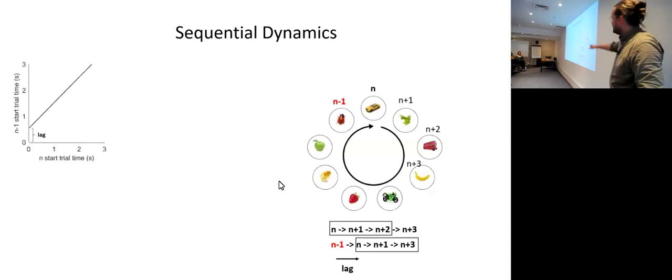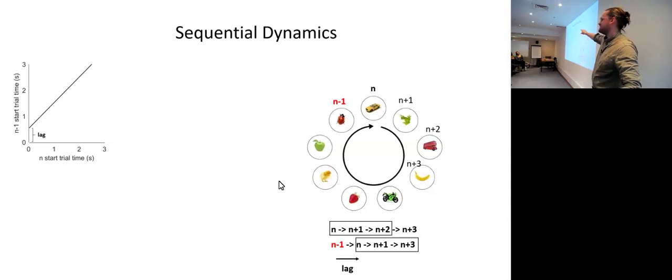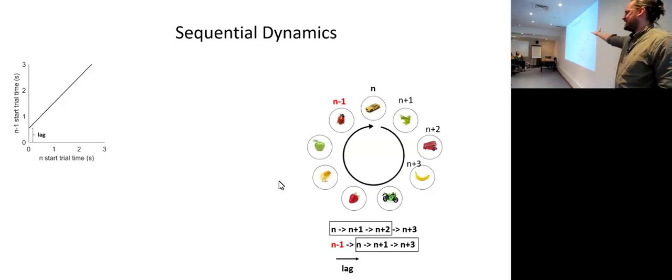And if you plot start state n versus, on the y-axis, start state n-1, because it's the same dynamics just shifted with a lag, it's going to look like a diagonal that's been shifted upwards, essentially.